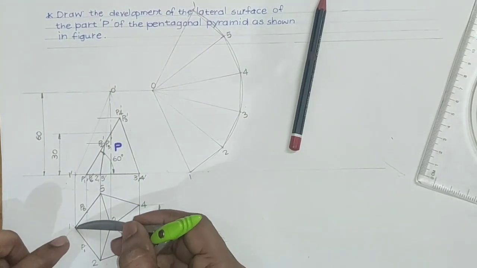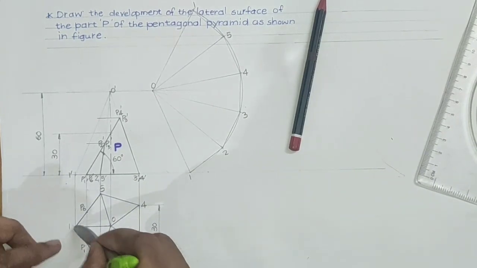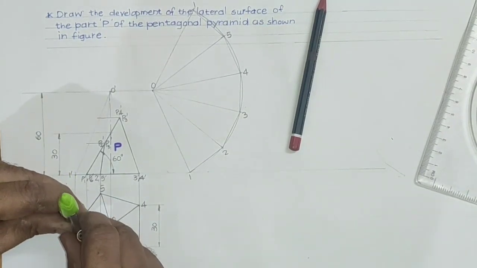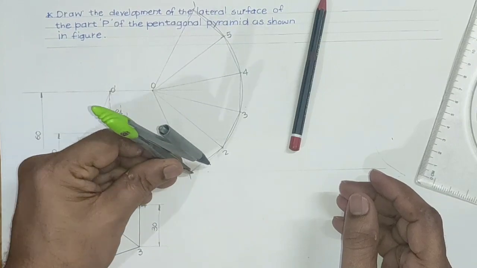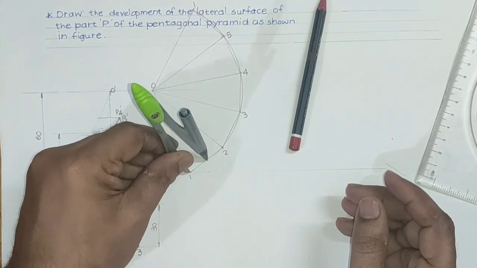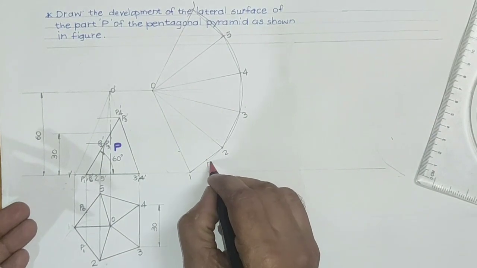First, let us locate P1 and P6 points on the developed surface. The distance 1 P1 is to be transferred on the side of base 1, 2 of the developed surface.